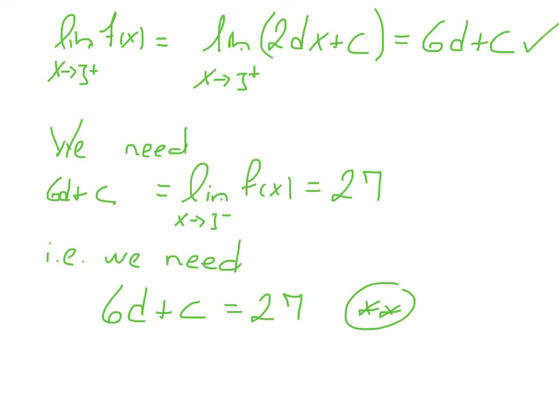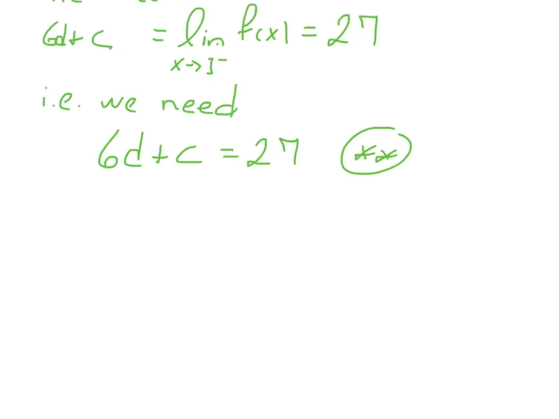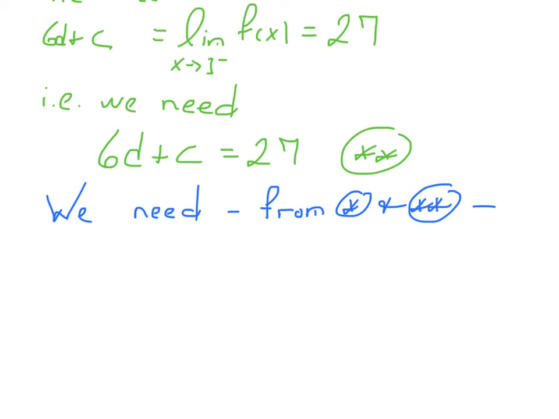Let's switch back to blue, I guess. So we need c and d to satisfy equations star and star star. So from star and star star, we need the first equation that we wrote down, which was c minus d equals 1, and c plus 6d equals 27.